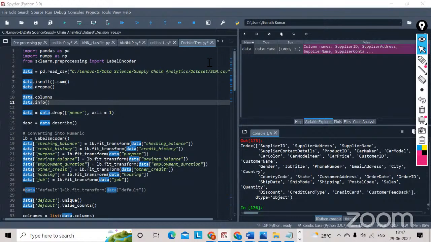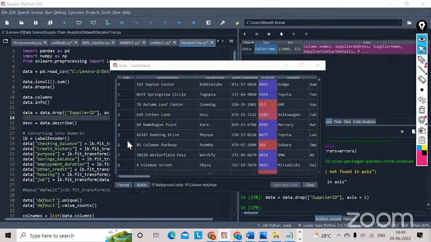See, if you look at the data, I don't have the supplier ID feature in my data frame.